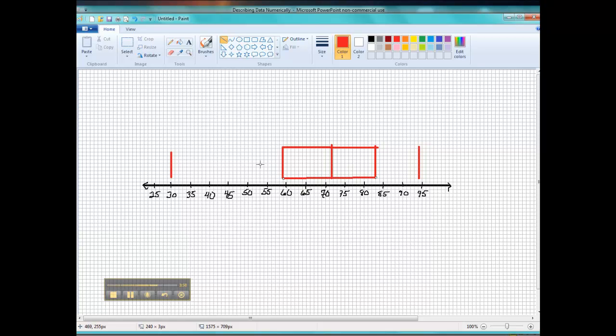You want to make that as straight as possible. Draw your whiskers to your fences. Give the graph a title. And you're done. Check out the next video to see how to do it with outliers.